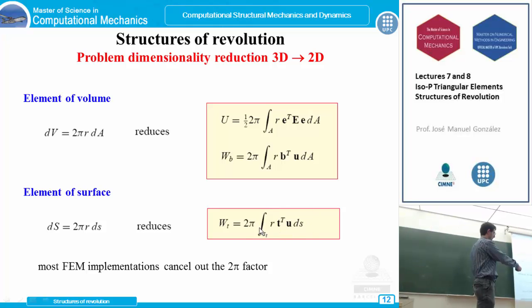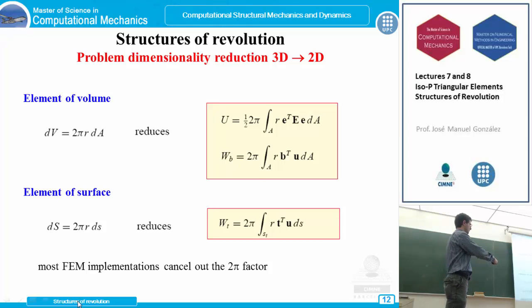So we find another 2π factor out of the integral. Again, the radius of this point, every point of the domain, and this differential of s is the length where the load is acting. So we must make an integral over the line where the load is applied.